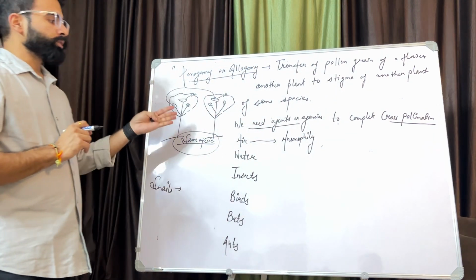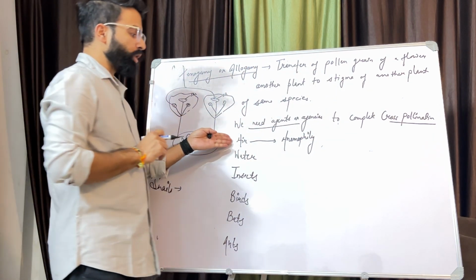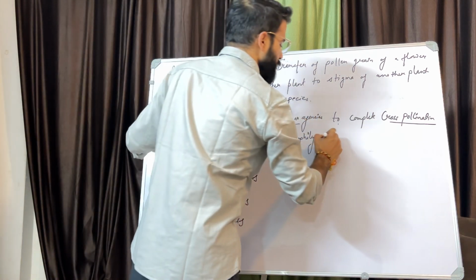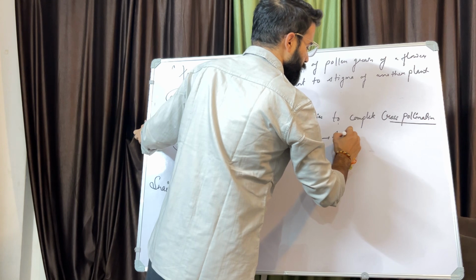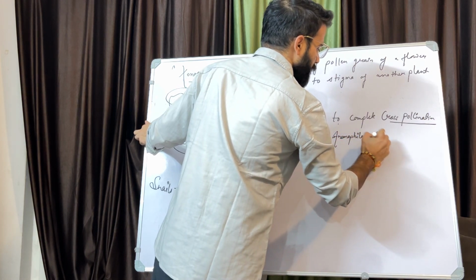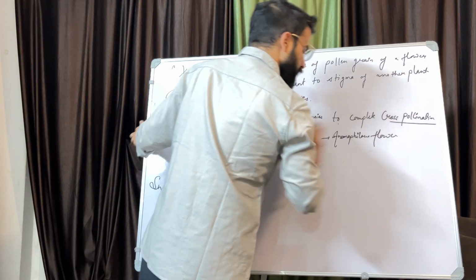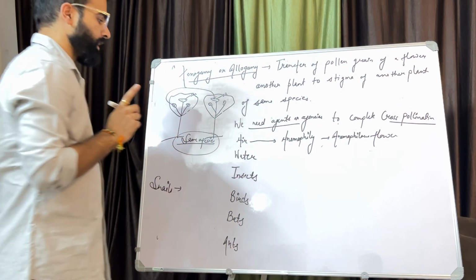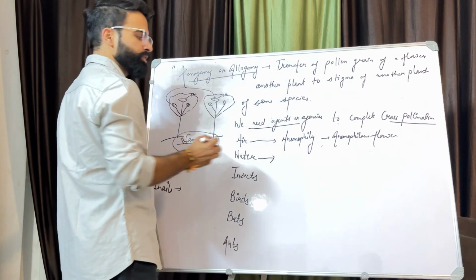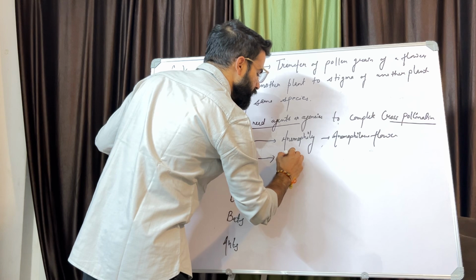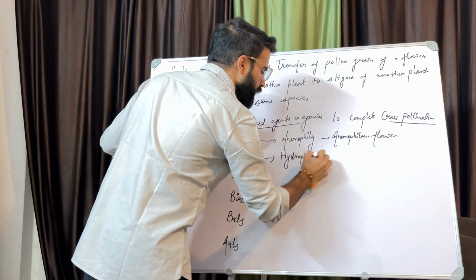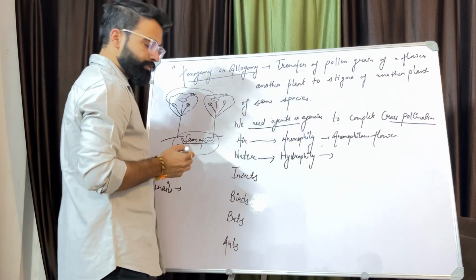The flower which is pollinated by air is known as anemophilous flower. The second one is water. Pollination by water is known as hydrophily, and the flower is hydrophilous flower.